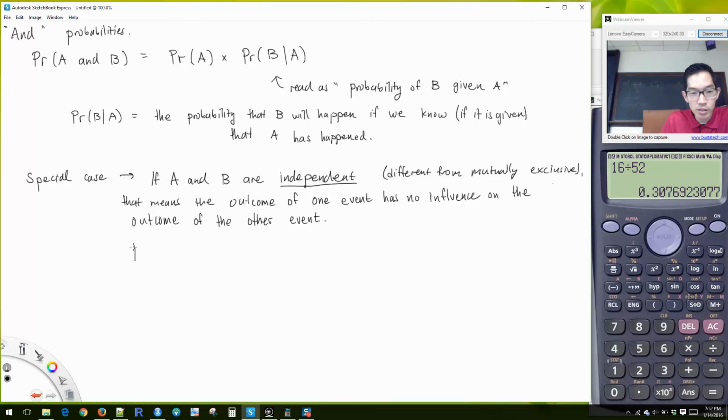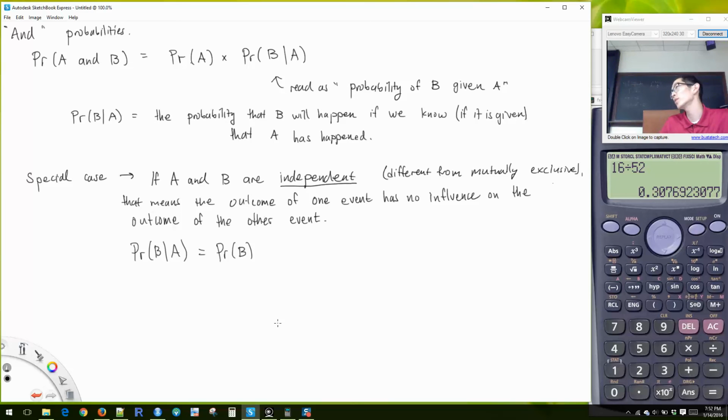What that means is that the probability of B given A, the probability that B will happen if we know A has happened, is just the probability of B, meaning that the outcome of A, whether A has happened or not, doesn't influence us.